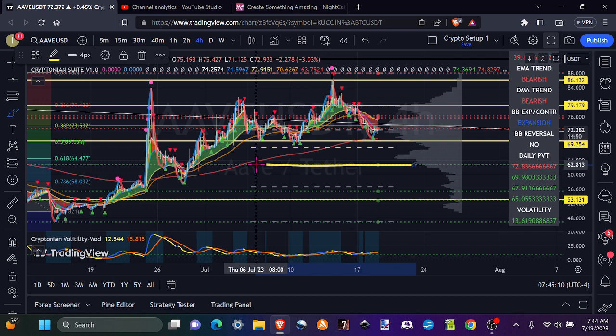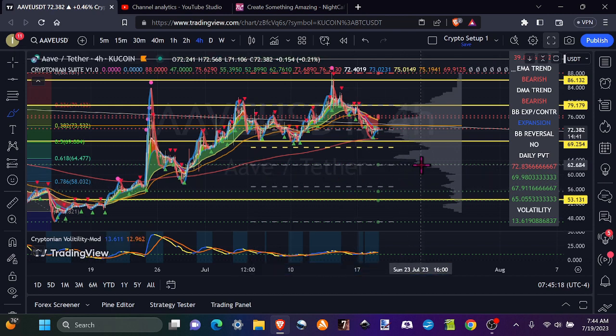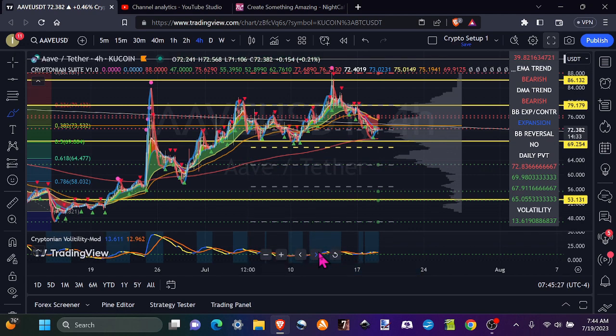The shoe hasn't dropped on that yet, so we'll have to wait and see what happens. But as far as AAVE goes, this is pretty much the area that I'm looking at, this 62.42, 62.50 area, which is below the 200. That's going to be your golden pocket right there.